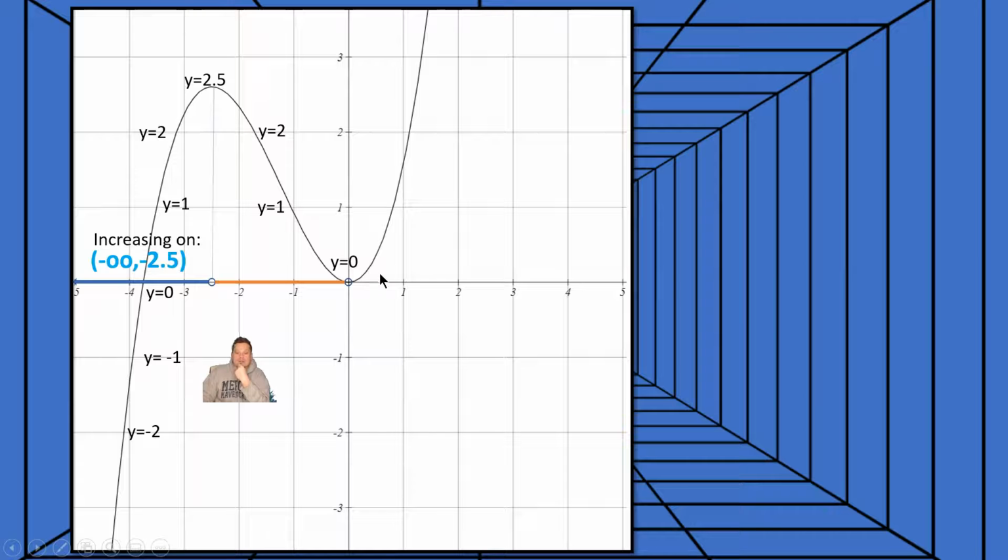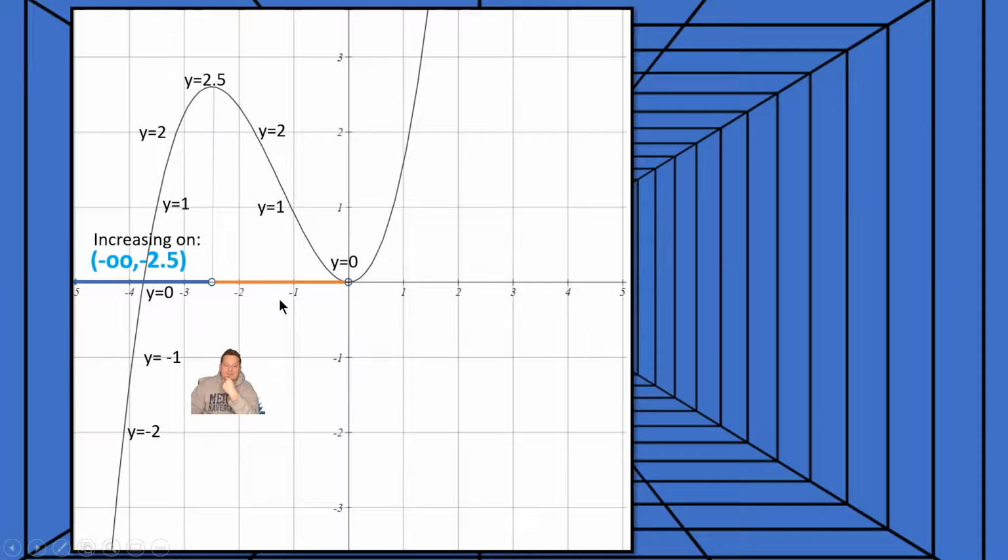Now be very careful, because this is the origin. So right above my head is the origin where the y is 0, but the x coordinate at the origin is also equal to 0. And if you look very carefully at that brownish line on either end of it, as you can see, there are holes, not filled-in dots, to indicate that the -2.5 right here, and the 0 itself, the x equals 0, not the y equals 0, but the x equals 0, would not be included in the interval of decrease.